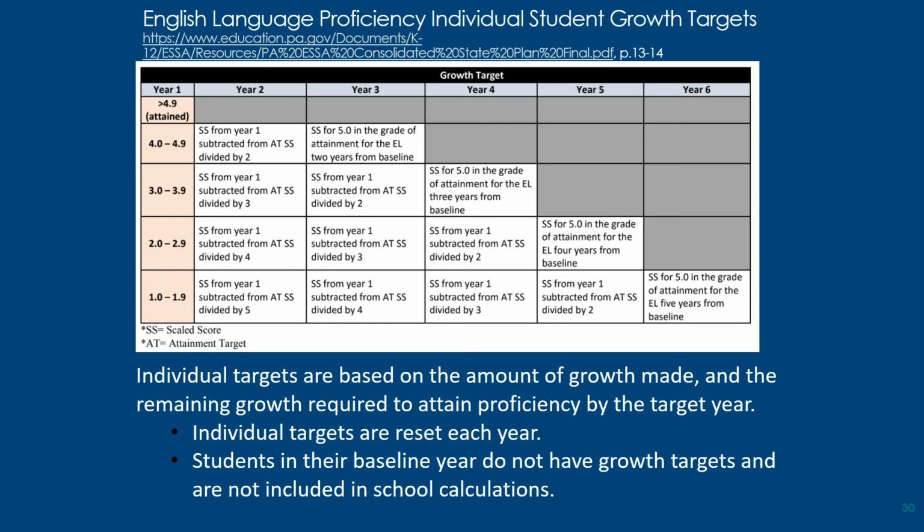So it is important that we understand how the Department of Education is asking us to provide them with information on the growth that our students are making in English language proficiency year to year. If you go to that address, there's more information about it, but there's also a webinar that you can access to have an explanation about how to read this chart.